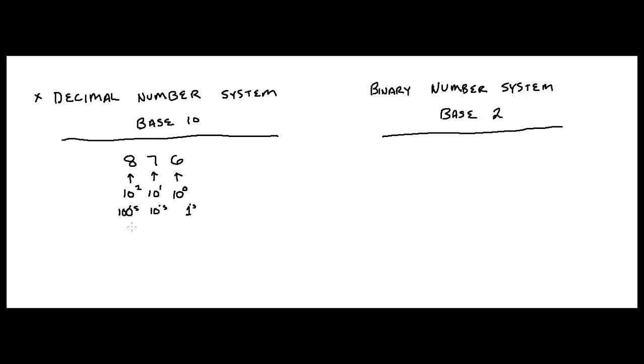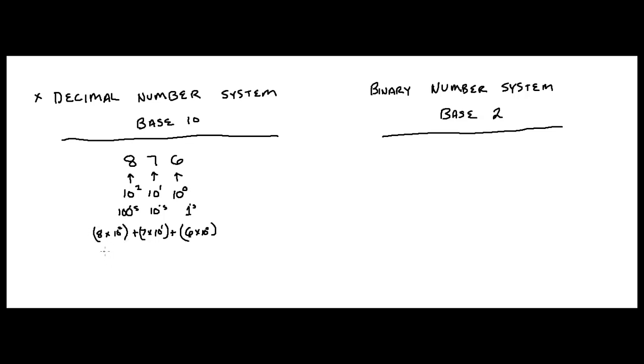So what we're saying is we have 6 times 10 to the 0, that digit. We'll add this onto this one right here. We have 7 times 10 to the 1. In this one, we have 8 times 10 to the 2.